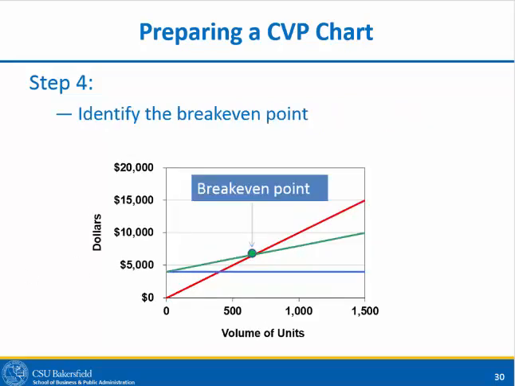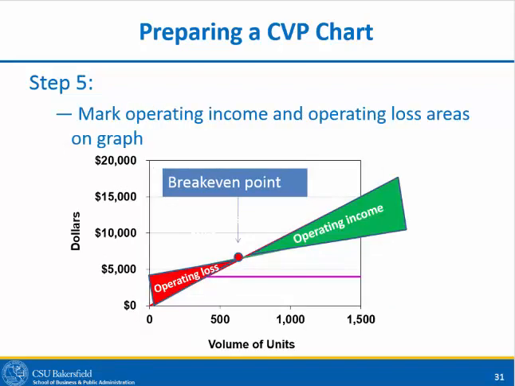Finally, you can really demonstrate. You can tell your client, you can tell your manager, hey, the break-even point is located right here. That's the intersection of the red line, which is the revenue line, and the green line, which is the total cost line. The intersection is the break-even point. And you can use the break-even point to say more things.